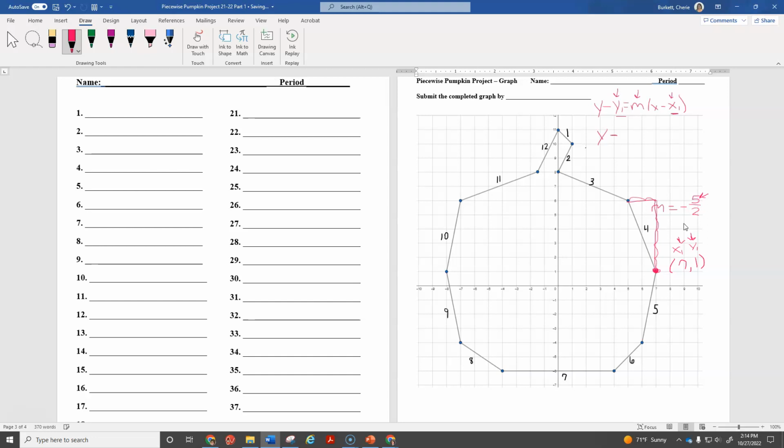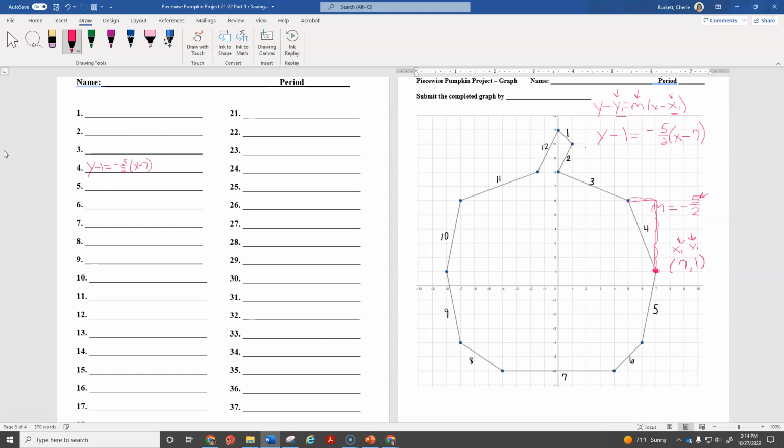So y minus 1 equals m, which is negative 5 over 2, and it's going to be x minus 7. That's all you have to do, is write it down. So you're going to come over here in place number 4, and you're going to write down what we just wrote down: y minus 1 equals negative 5 over 2, x minus 7.